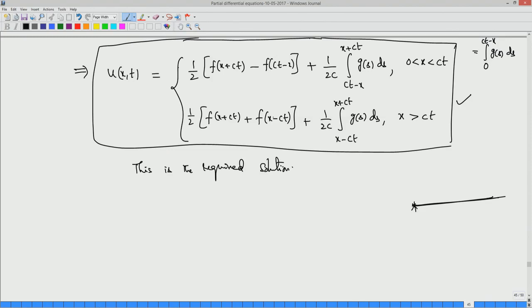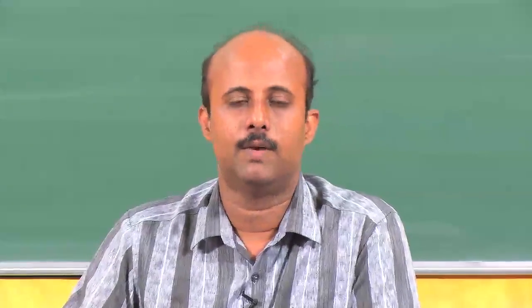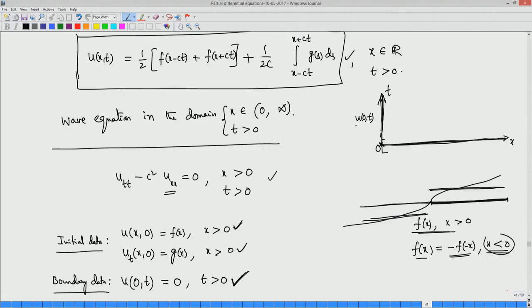The idea is simply extending these functions as odd functions, but in a smoother way. You extend it in a smooth way so that it automatically satisfies the wave equation and the boundary conditions, so that you can make use of D'Alembert solution to write its solution here.